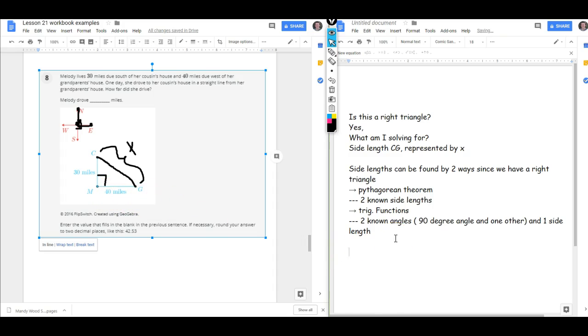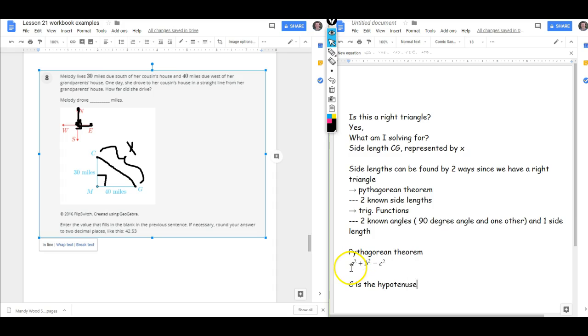So we're going to set up the Pythagorean theorem. The Pythagorean theorem is a squared plus b squared equals c squared. Now I have to know what a, b, and c are. The critical one is that c is the hypotenuse.